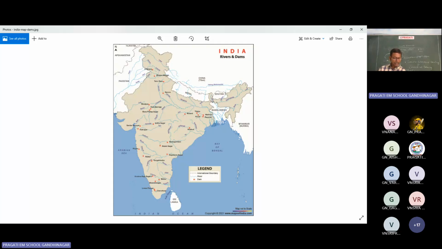Next one is here. Various conventional energy sources in India: hydropower, natural gas, petroleum, coal-based. Coal is the major base in Jharkhand, Orissa, Chhattisgarh. Firewood and cattle dung cakes are used traditionally in rural areas.